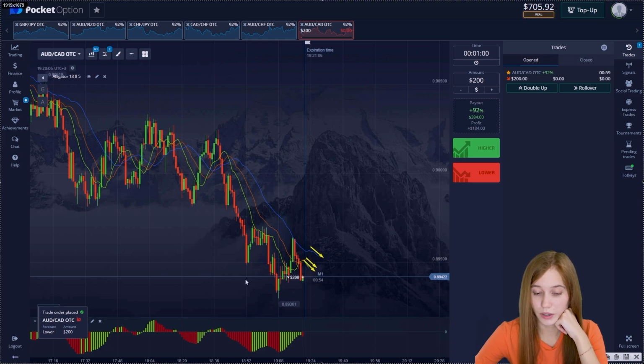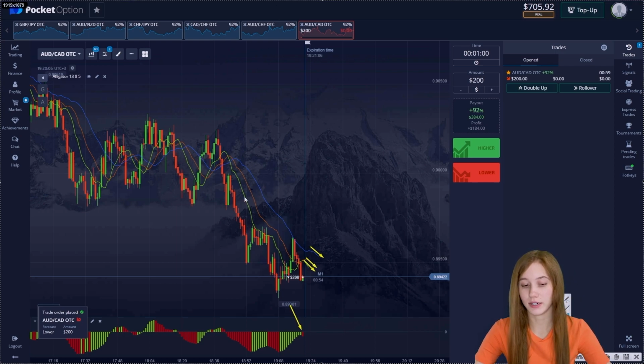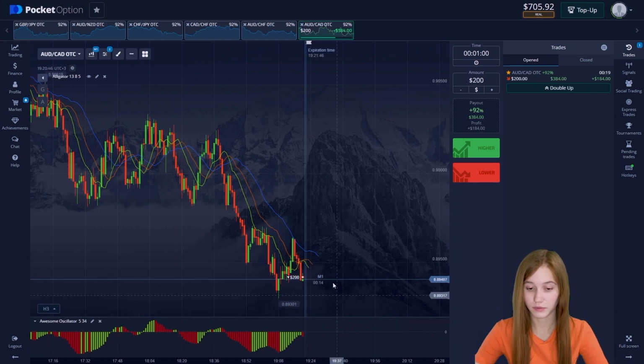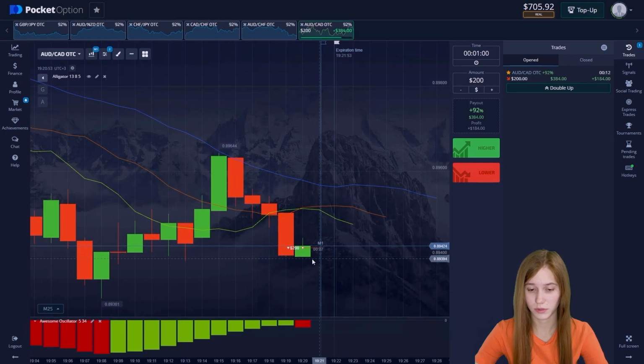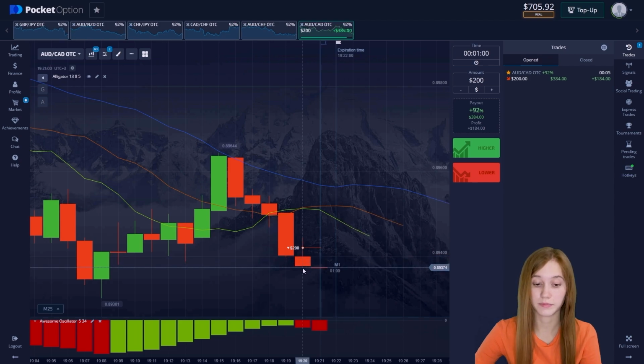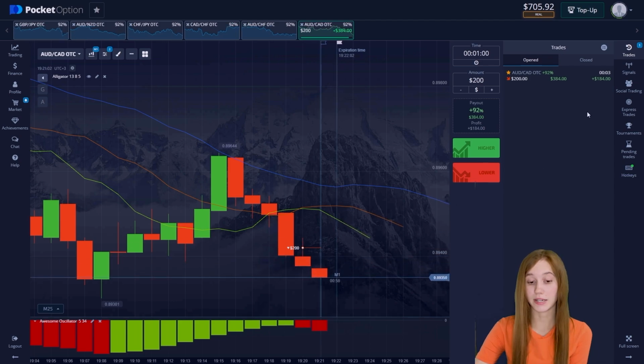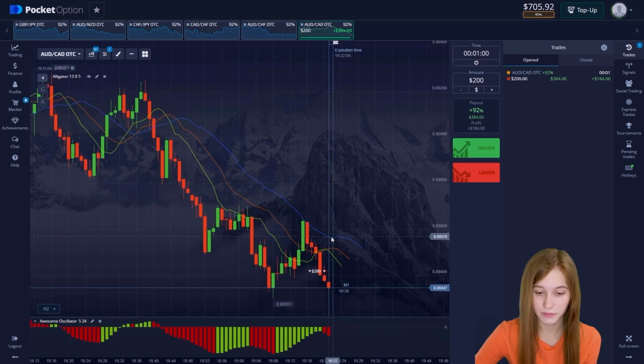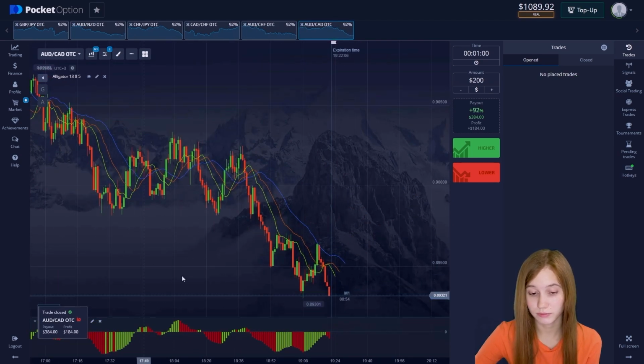One red bar received, so we opened correctly. 15 seconds left until the end of our deal, and we'll see, we are holding near our opening. Yeah, good. Plus deal. And let's finish on this.